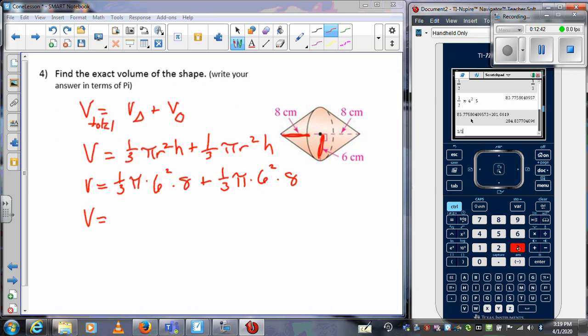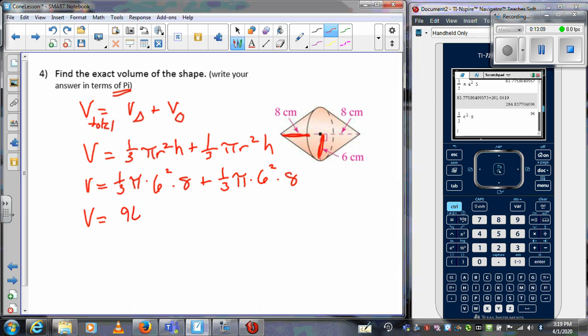So 1 divided by 3 times, now we're leaving this in terms of pi. It says in terms of pi, so no pi button. Don't hit the pi button. Times 6 squared times 8. And I typed something in again wrong. So I'm getting 96. So this is going to be 96 pi.